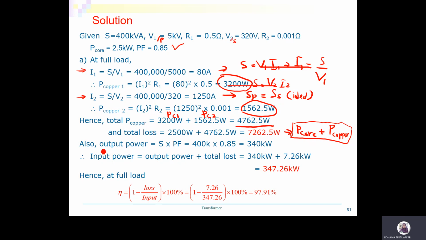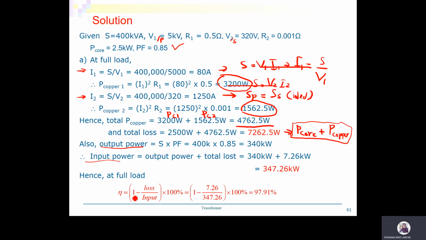So this is output power. And then to get the input power, input power equals output power plus total loss. So you will get 347.26 kilowatt.